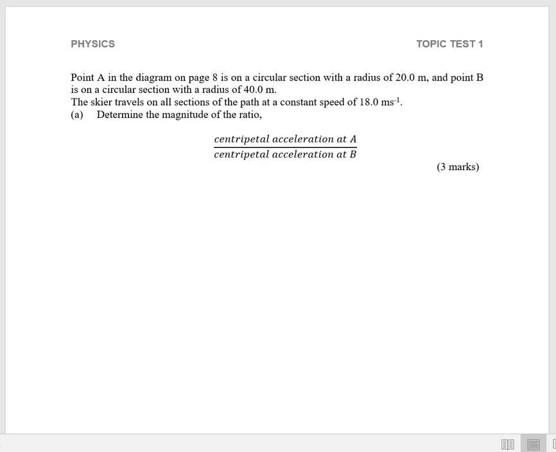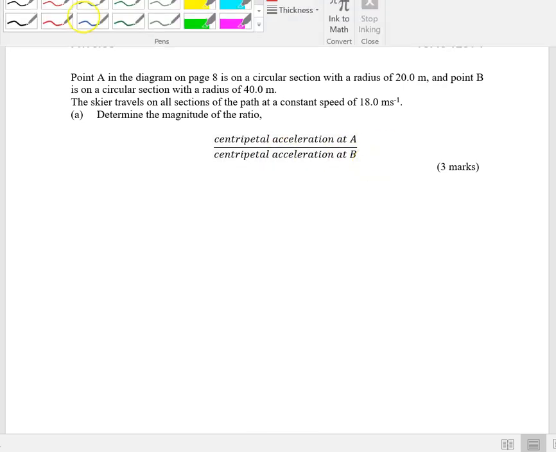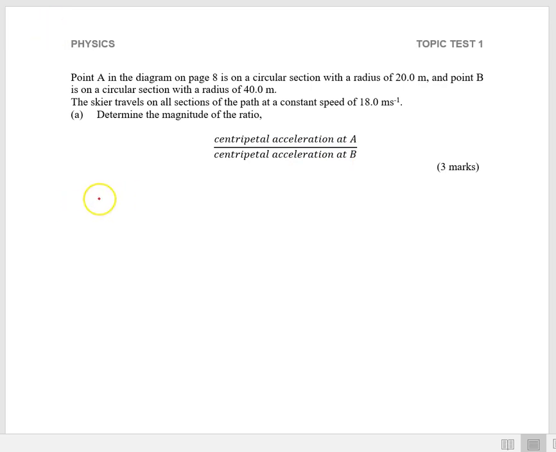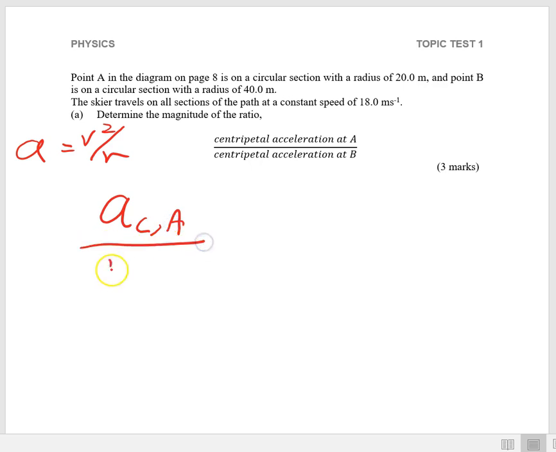If you want to do this question, perhaps we can straight away use the formula that we have. The formula is a_c equals V squared over R. So I have to form these two expressions. I will write down centripetal acceleration at point A, divided by centripetal acceleration at point B. So exactly this is referring to this.